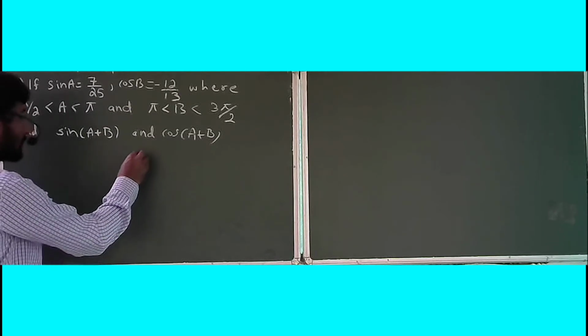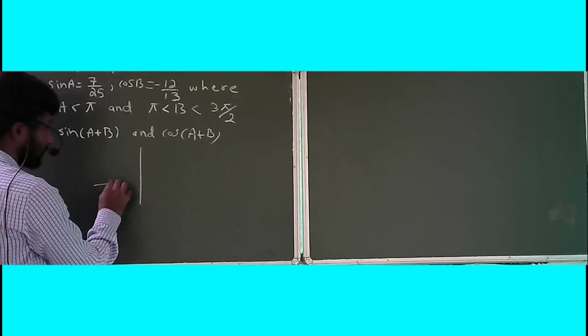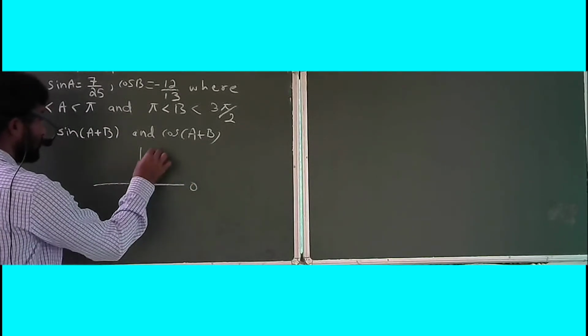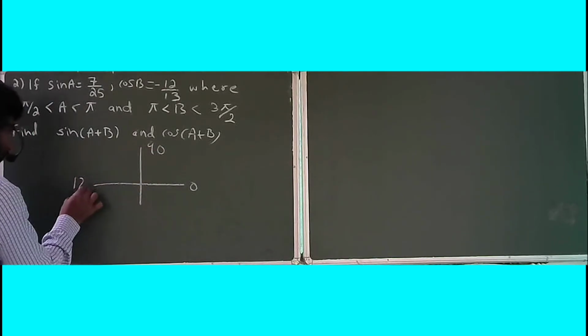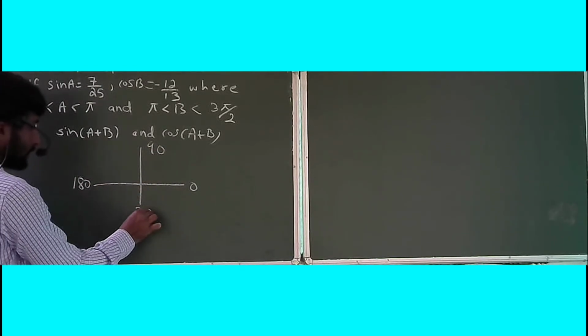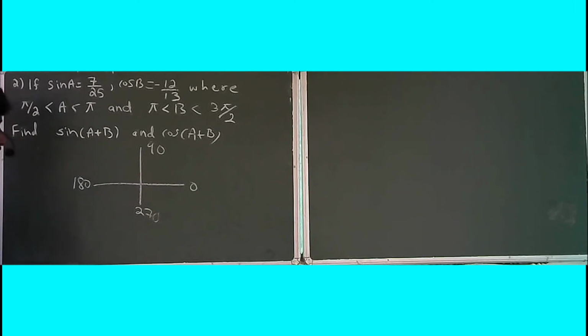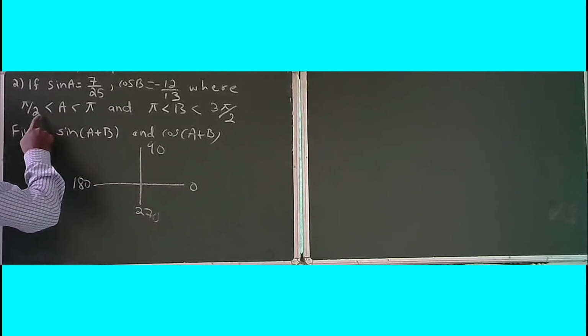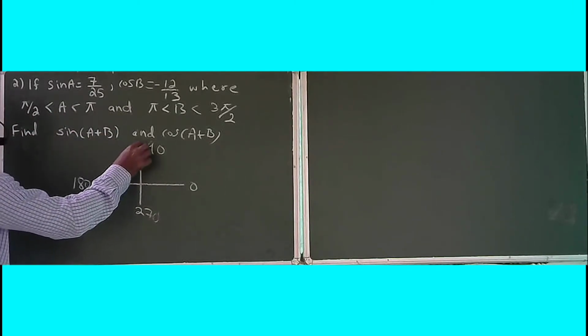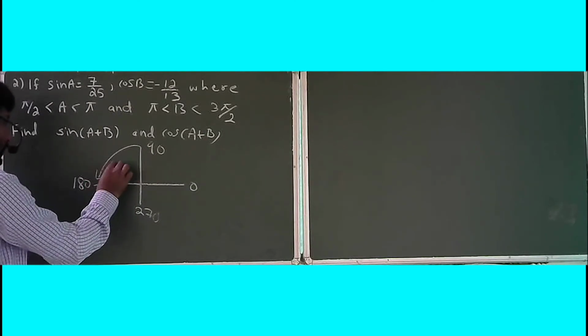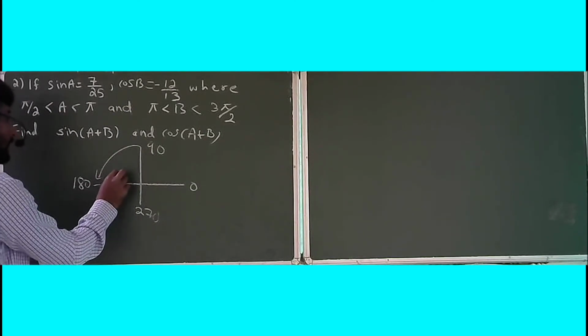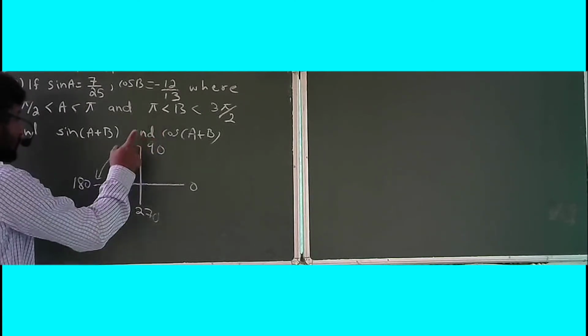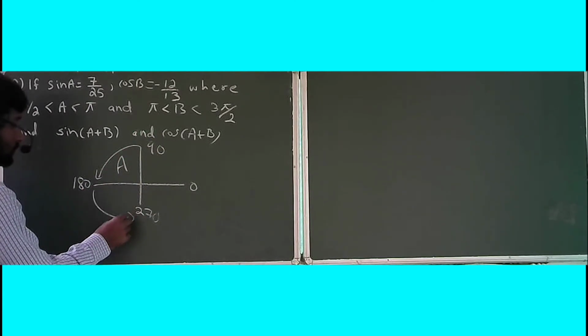Just draw the quadrants here. 0, 90, 180, 270, one full rotation, 360. A varies from 90 degree to 180 degree here, right? That means angle A belongs to the second quadrant. B varies from 180 degree to 270 degree.